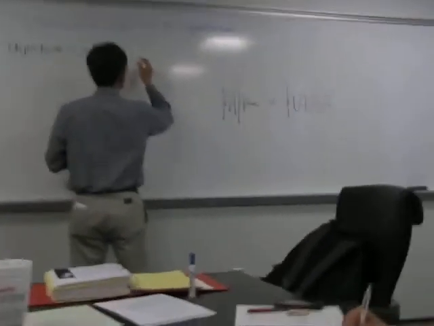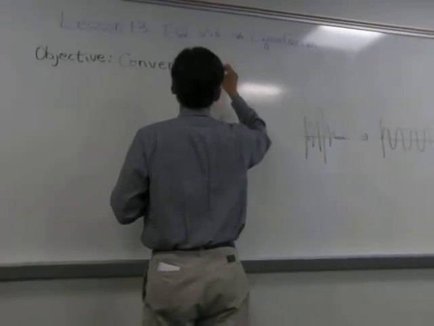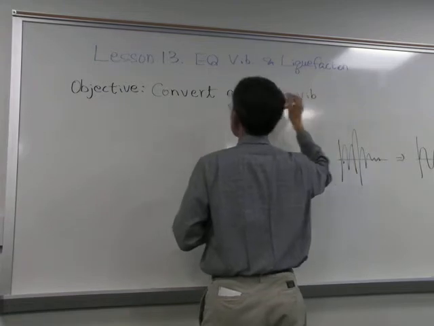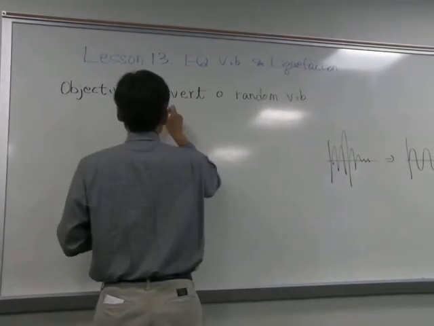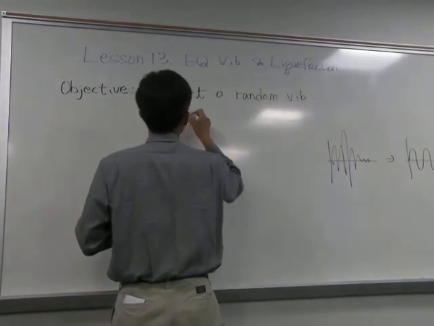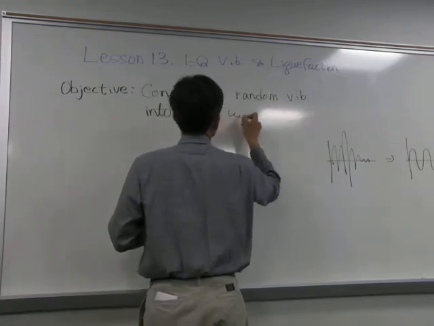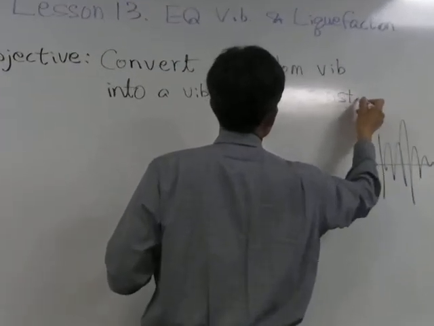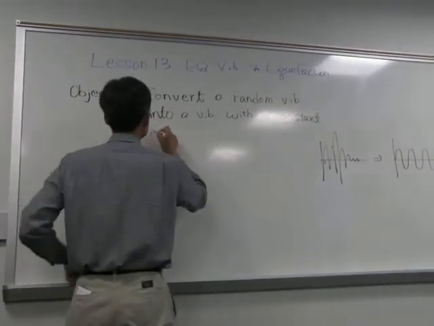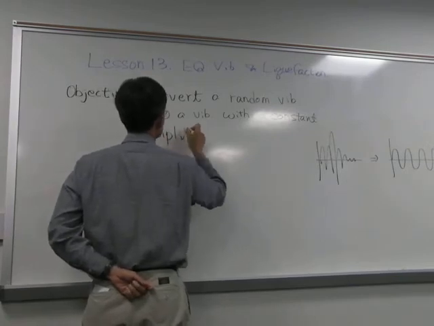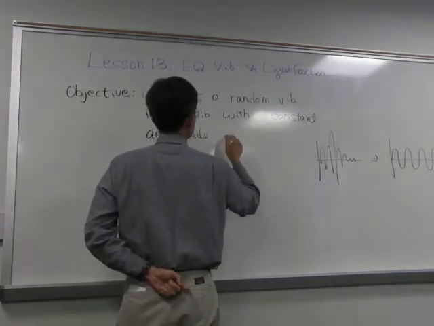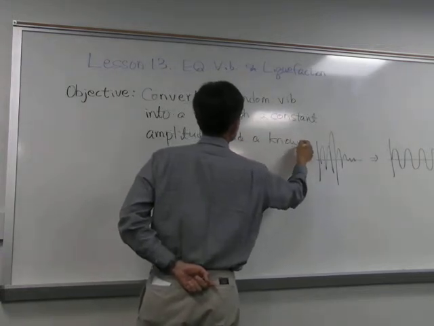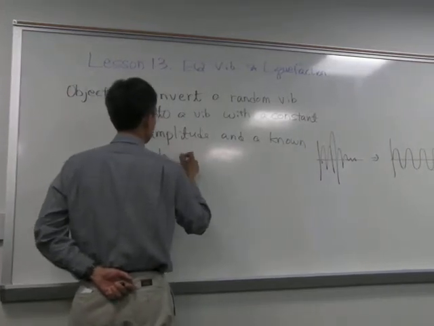Okay. How to convert a random vibration into a vibration with a constant amplitude and a known number of cycles.